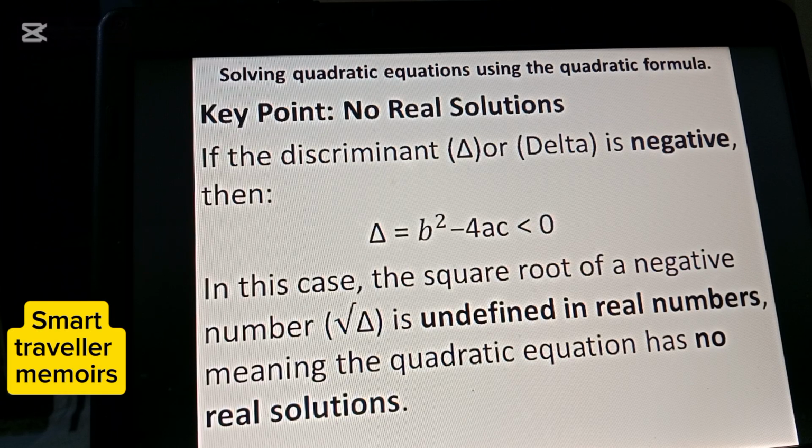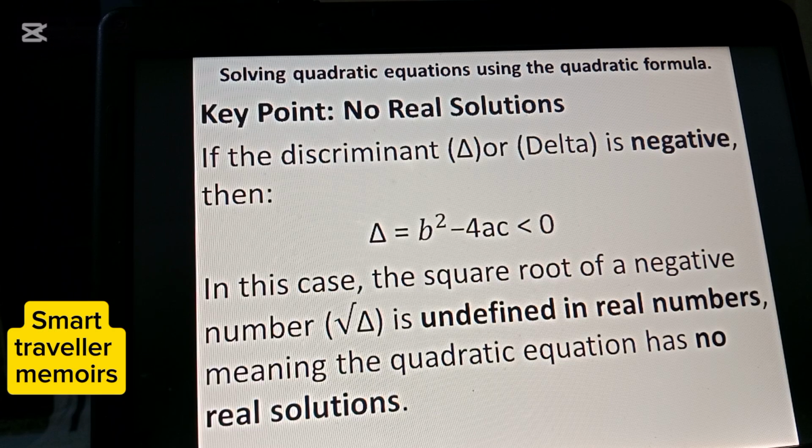If the discriminant delta is negative, then delta equals b squared minus 4ac is less than 0. In this case, the square root of a negative number, that is the square root of delta, is undefined in real numbers, meaning the quadratic equation has no real answers.